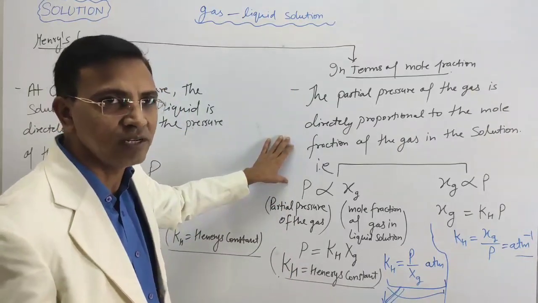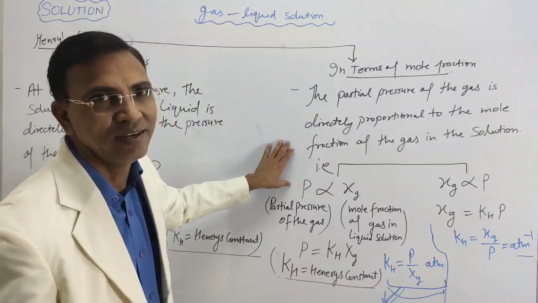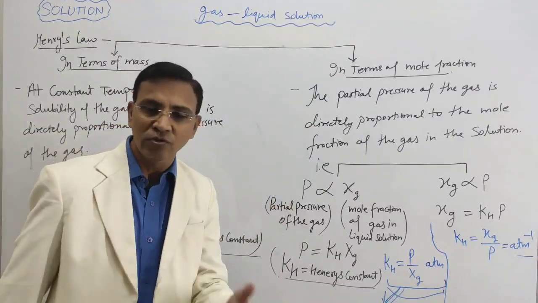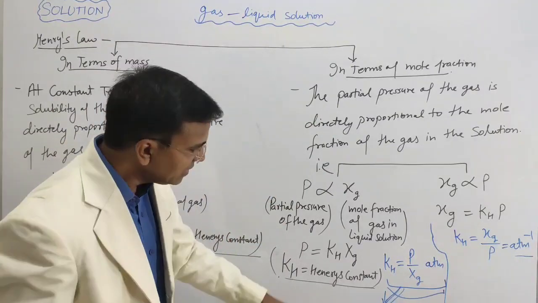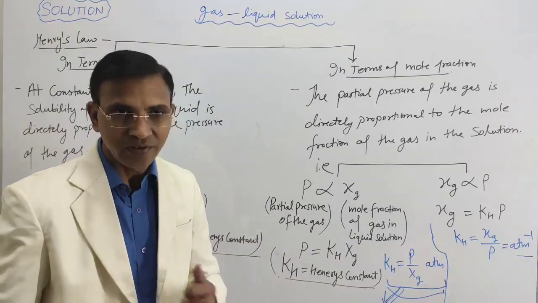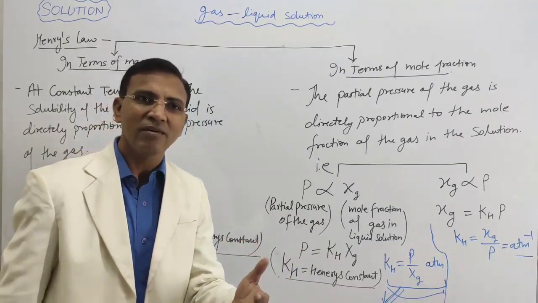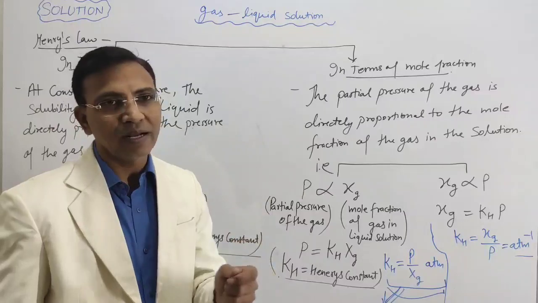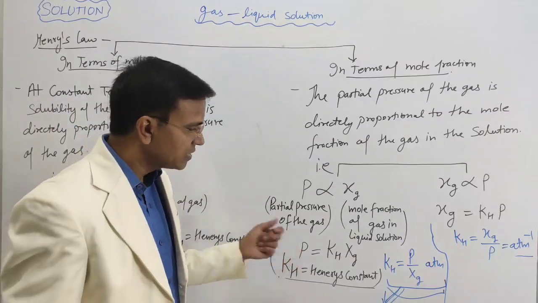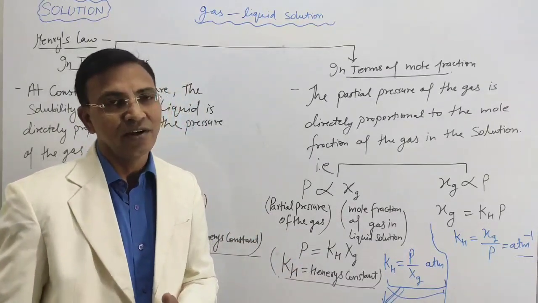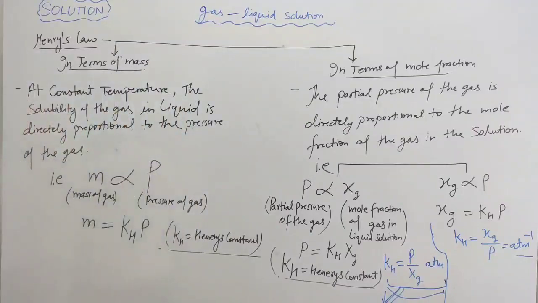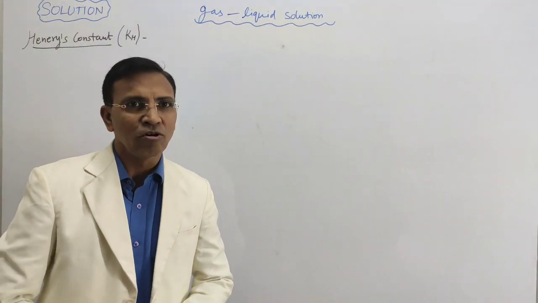Henry's law is generally used in terms of mole fraction. So now next, we move to the Henry's law constant much more, right? How it will vary with temperature and what are the practical uses of this Henry's constant in our general life, right? Now next, about the Henry's law constant.